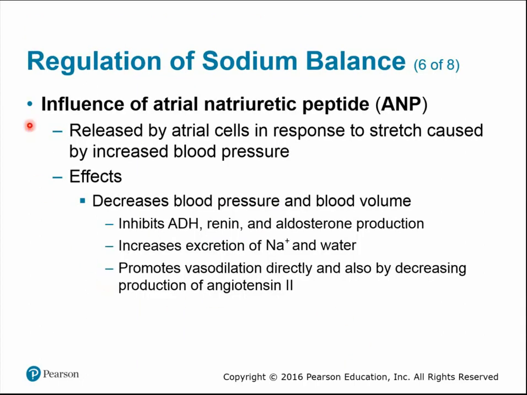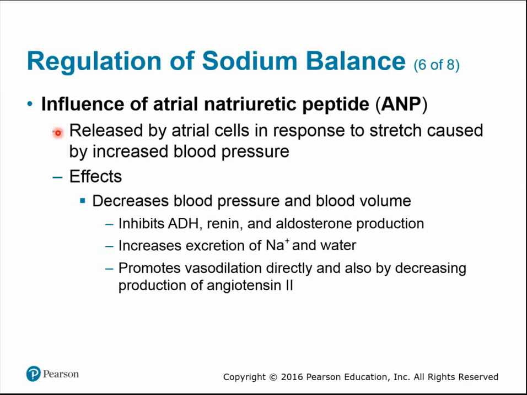Remember with the hormones, they generally come in pairs. What one does, there's another one that's antagonistic to do the opposite. So ANP, atrial natriuretic peptide, is going to be antagonistic to aldosterone. It's released by the cells in the atria of the heart in response to stretch caused by increased blood pressure.